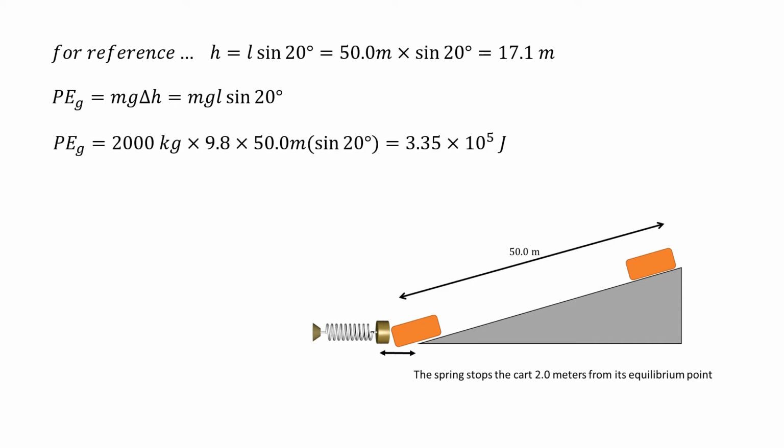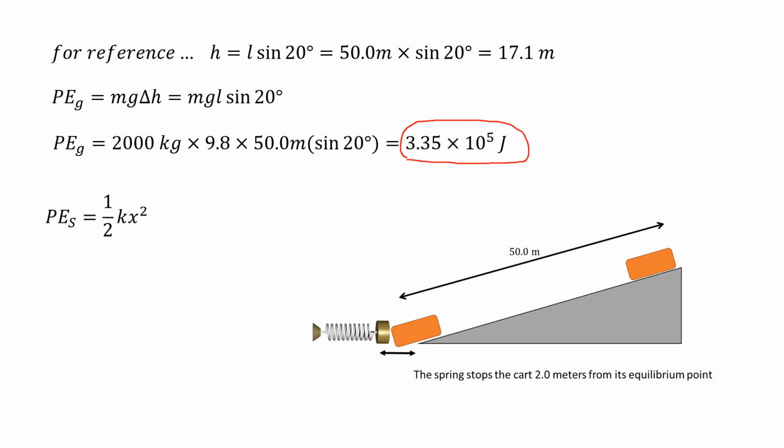Just plugging in the numbers, the mass, the acceleration of gravity, the distance, 50 meters, we can use that because we got the sine 20 degrees factored in. And we have the amount of energy that we are using. So that is an important part to get to.